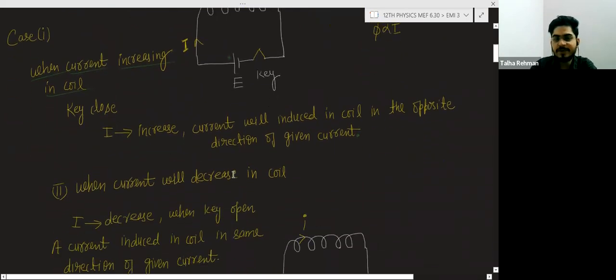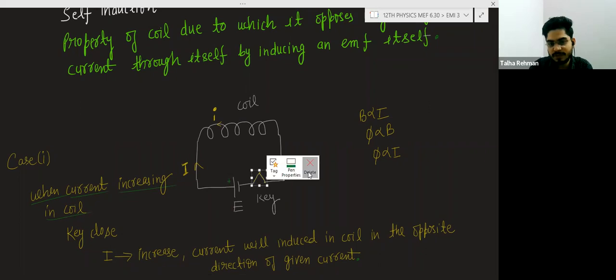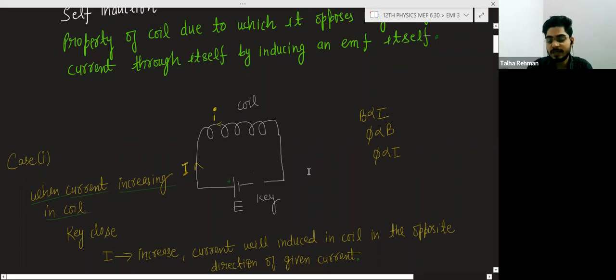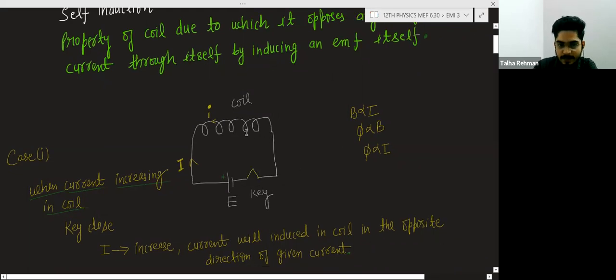Now when the current decreases in the coil, suppose right now this switch is closed. Now suddenly you have opened this switch. So what will happen? The current will start decreasing, which means the magnetic field in this coil due to this current starts decreasing, so the magnetic flux linked with the coil starts decreasing.